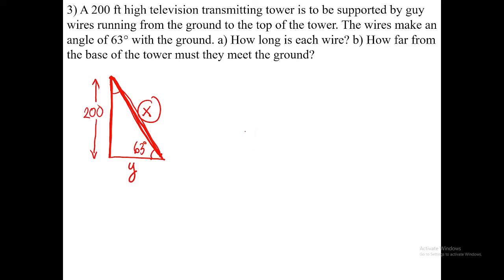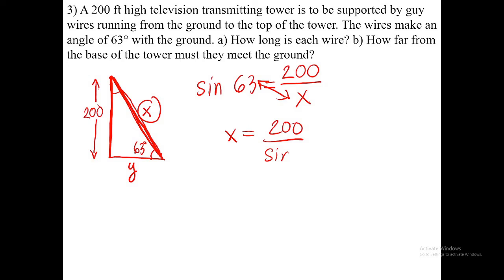Sine. Why sine? Opposite is what? 200. Hypotenuse is X. Solving this, my shortcut, class, is simple: I just interchange the X and the sine 63. So X is equal to 200 divided by sine 63. What is 200 divided by sine 63 equal to?